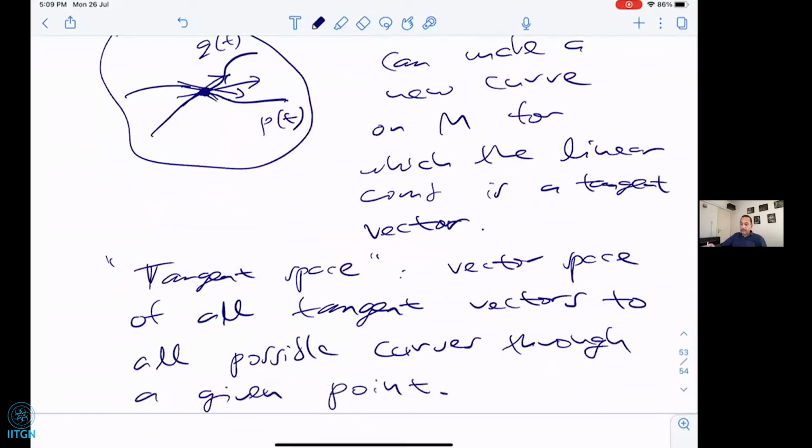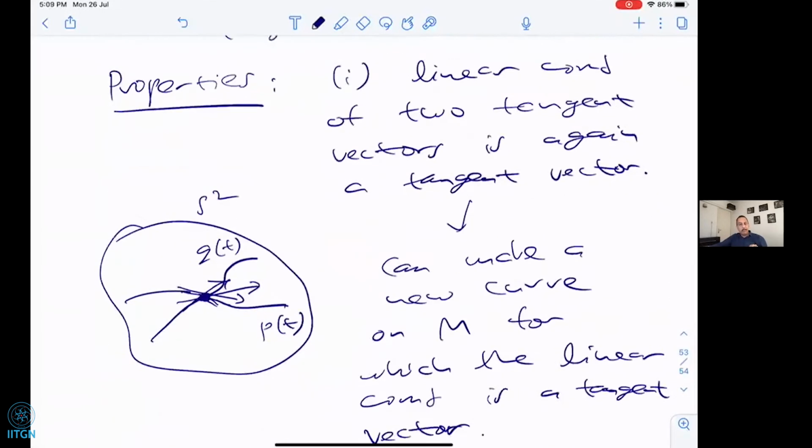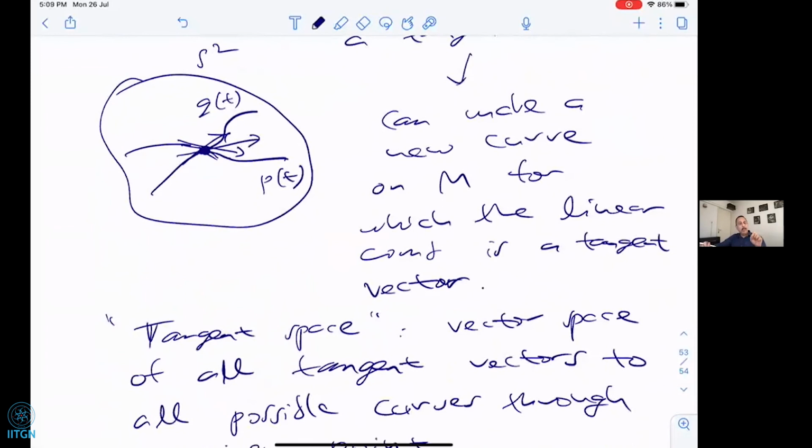So in this sense, remember that this will be the tangent space at a point. Even though there's a curve going through the point, the differentiation and evaluation of dxi by dt is done at a particular point, and there I can consider multiple curves passing through the same point, write the dx by dt for all of them, and that whole set of vectors will give me a vector space.